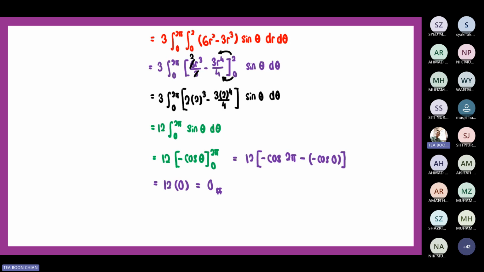Now, the next is I want to introduce or recap with you the so-called Cartesian coordinate system, because to be honest, Cartesian coordinate system is kind of rare actually in triple integrals, because most of the shapes that we deal with are either always a sphere, cylinder, paraboloid, or cone. Okay, so that's why we don't really see that many questions in the exercise with respect to Cartesian. But so far we have one in the tutorial.